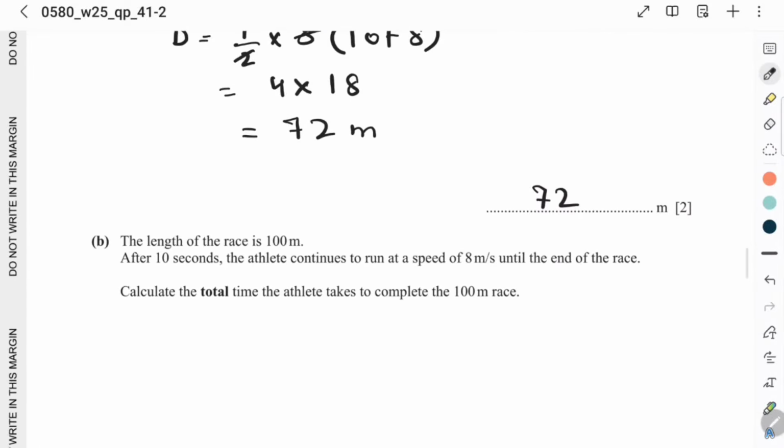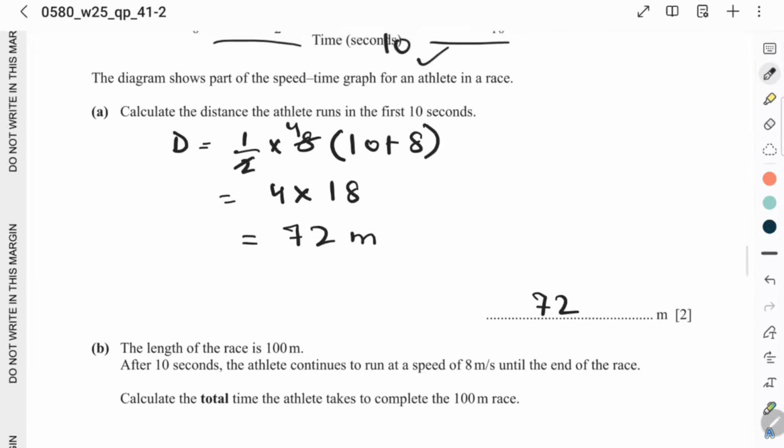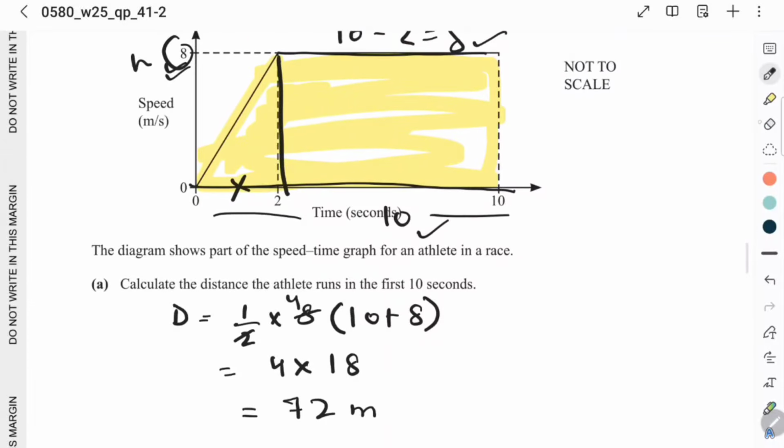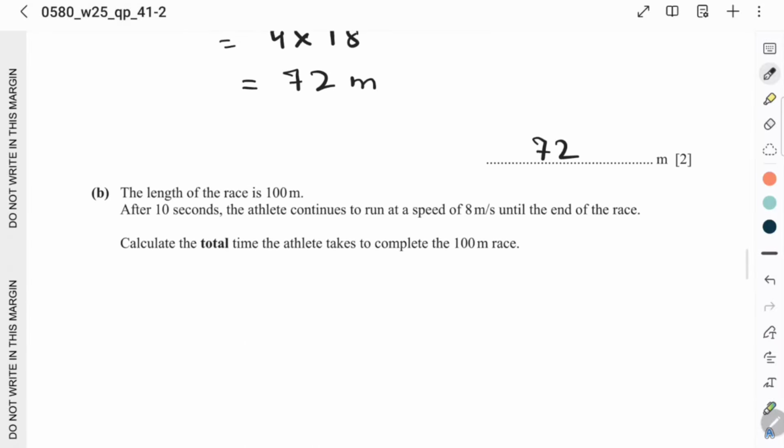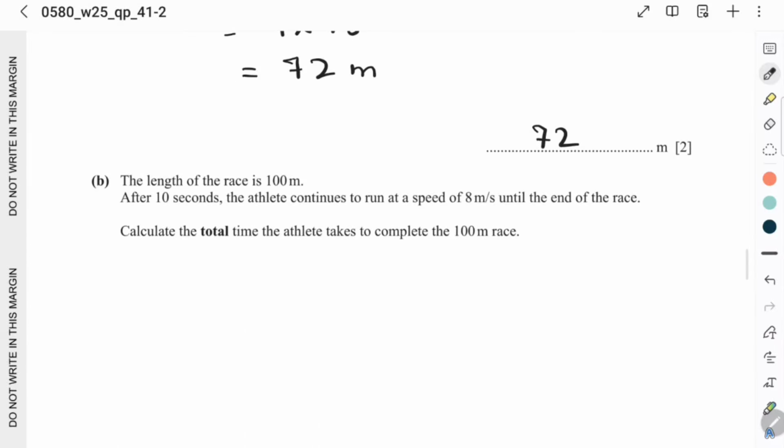The length of the race is 100 meters. Right now, we found everything for 72 meters. So in 10 seconds, the distance traveled is 72 meters. Further, they are telling you that the race continued till 100 meters.